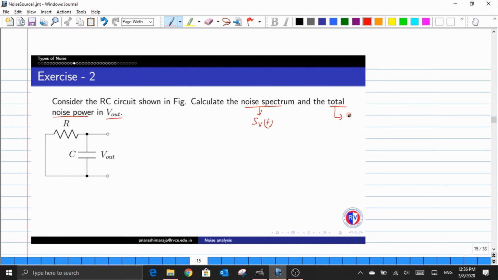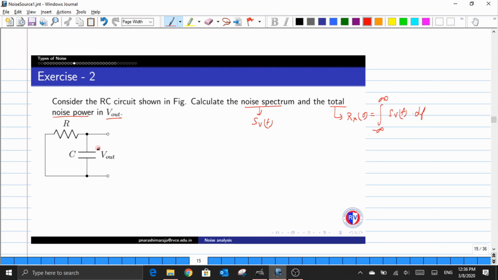In this case, one has to compute the autocorrelation function based on the value that we computed from the power spectral quantity. Because we are being asked to compute the total noise power, the integral has to run from minus infinity to plus infinity. Hope that you are clear with these terms before we actually begin solving this particular problem.